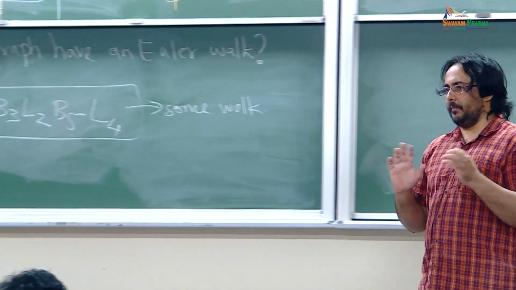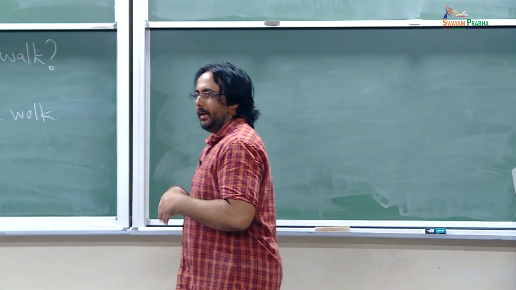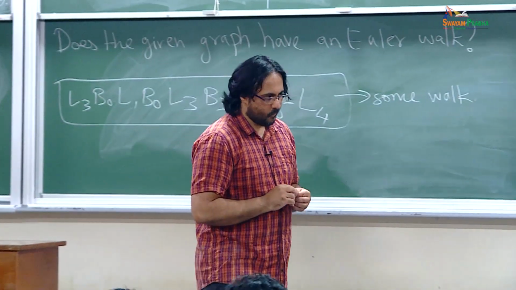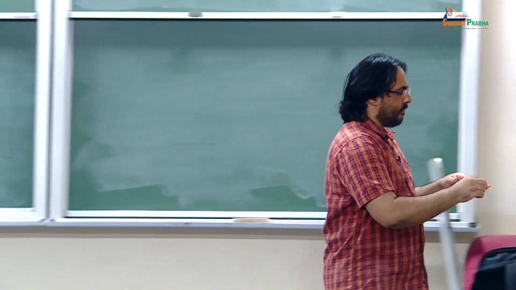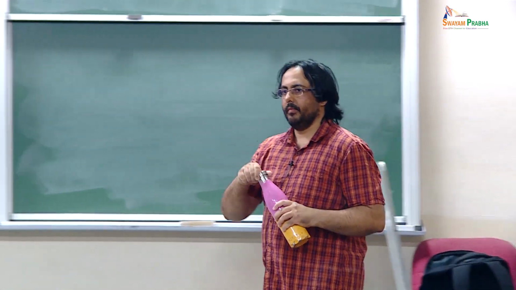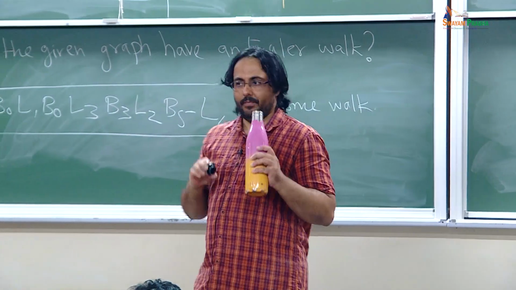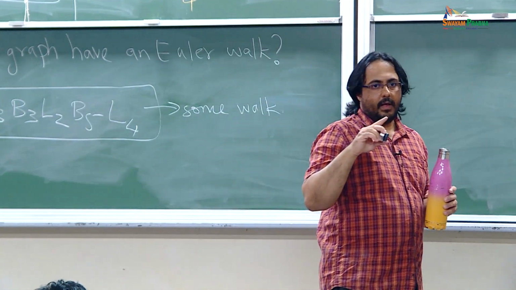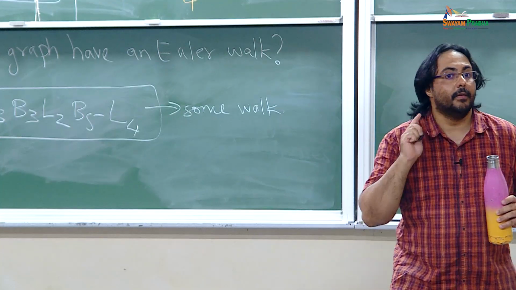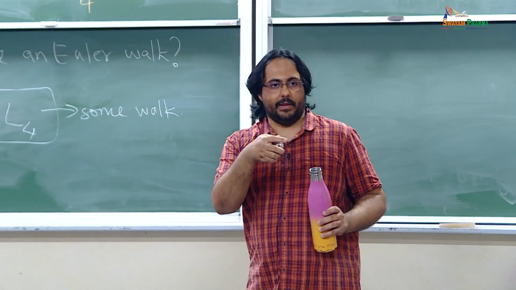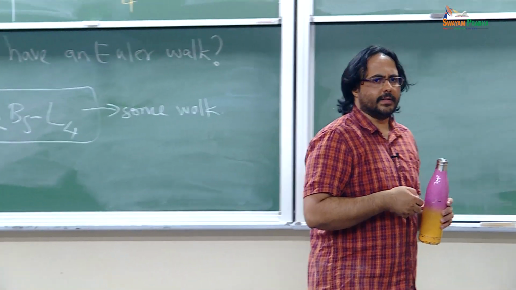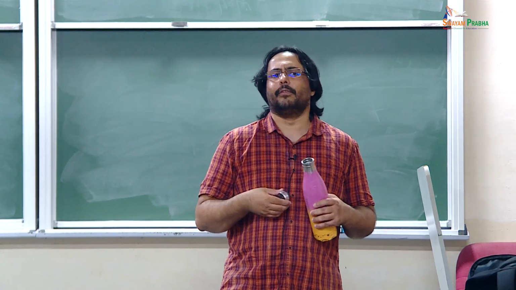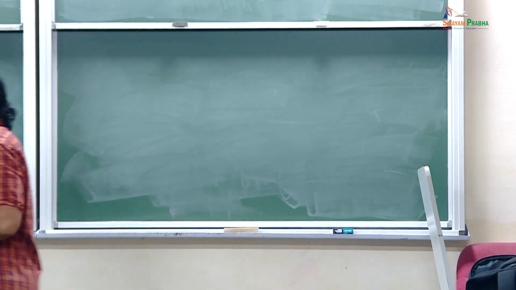Don't just come up with a guess, but also try to come up with an explanation behind your thinking. The question is the ability to draw the graph without lifting the chalk, the existence of an Euler walk. Does it have anything to do with the degree of vertices? And if it does, what is it and why?